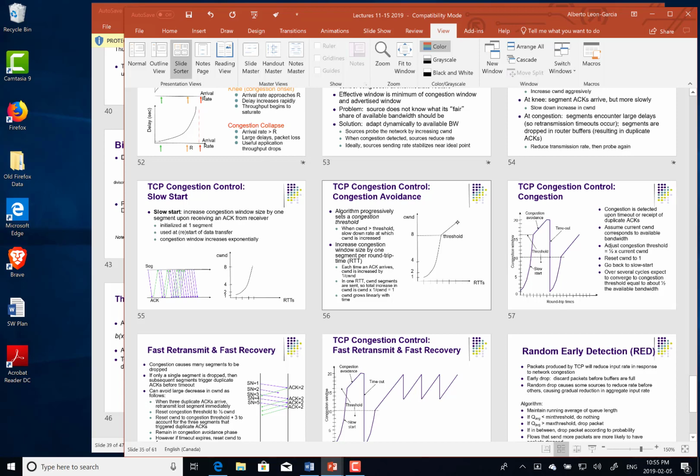And the linear increase is to try to avoid losing packets, but nevertheless it's increasing. So if continued for sufficiently long, you're going to lose a packet. And you can detect when you've lost packets because you get duplicate ACKs.